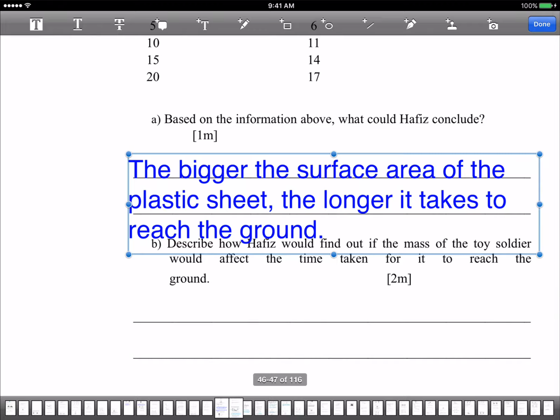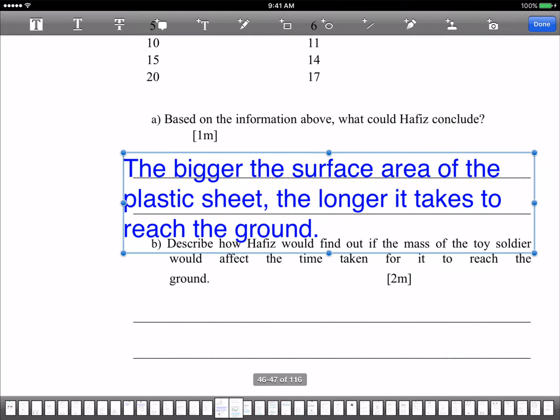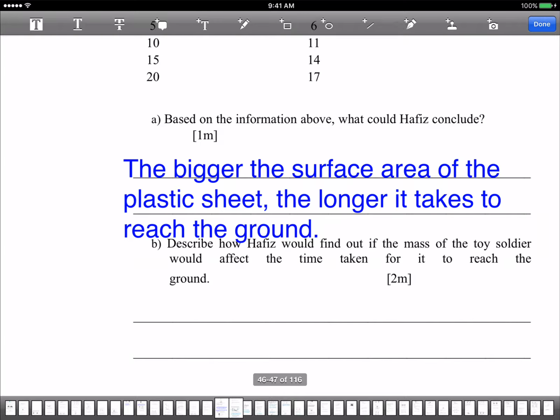Here they have not asked you for an explanation, so you don't have to go into the full explanation. But do you understand why the bigger the parachute, the longer it takes to reach the ground?